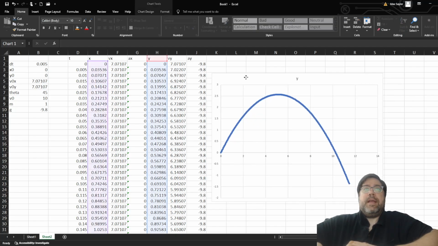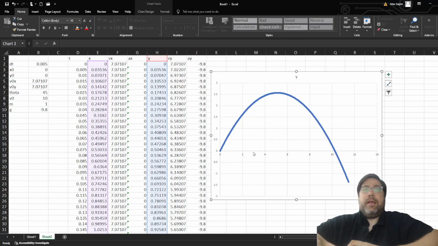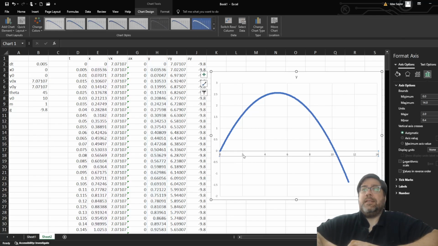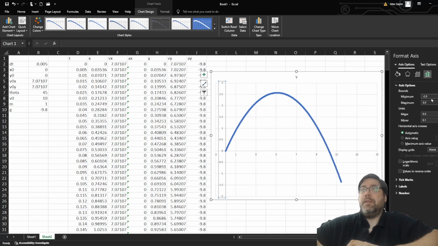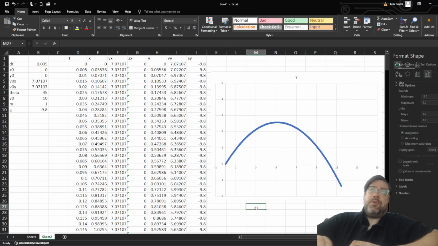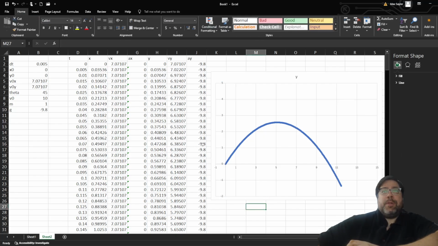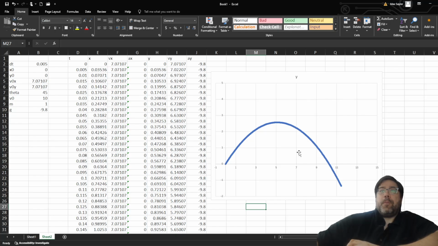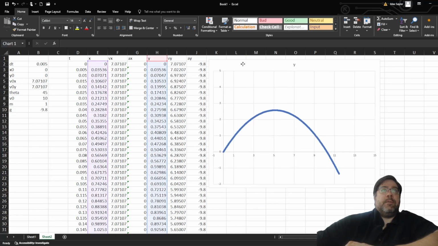But now we have our nice parabolic arc. And let's go ahead and play with the axes here real quick to make sure that this is 15. I'm just doing that so that the axis doesn't change when I play with things.